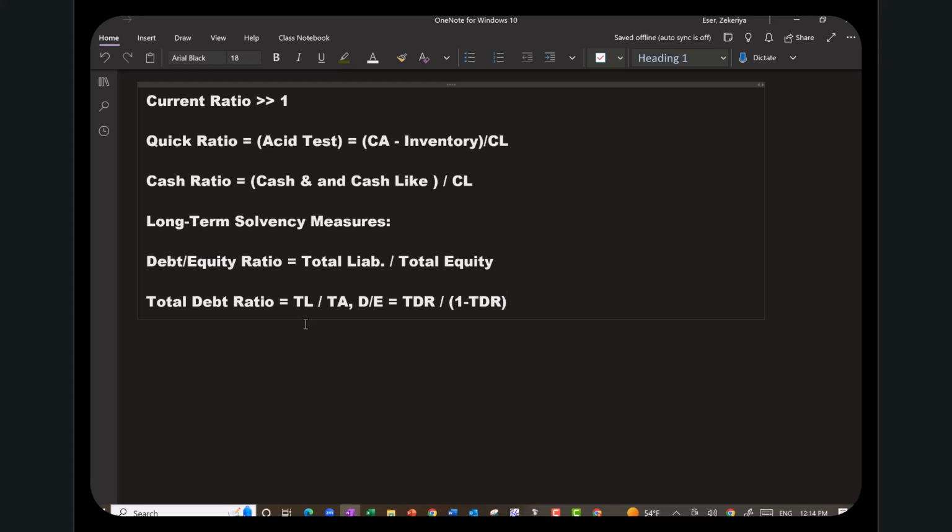There is no extra information there. It's just a different way of communicating that information. Since people already are comfortable with the concept of the equity ratio, we kind of use that.